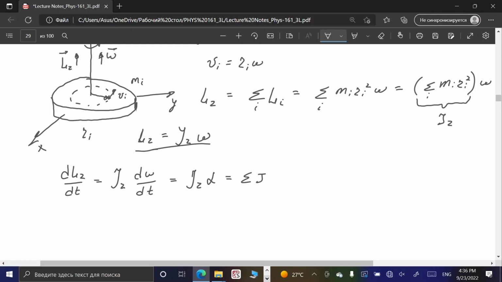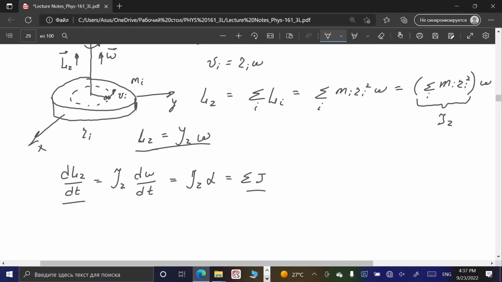And what is important here is that the change of angular momentum vector over time is defined by the net torque exerted on the rigid body.